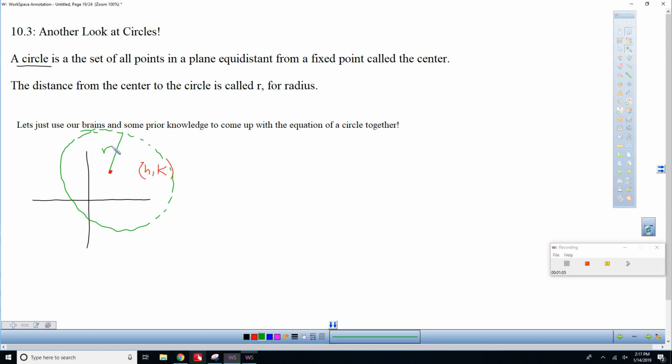How can we come up with an equation that represents the set of the points? Well, we know that the distance formula is x minus x1, squared.